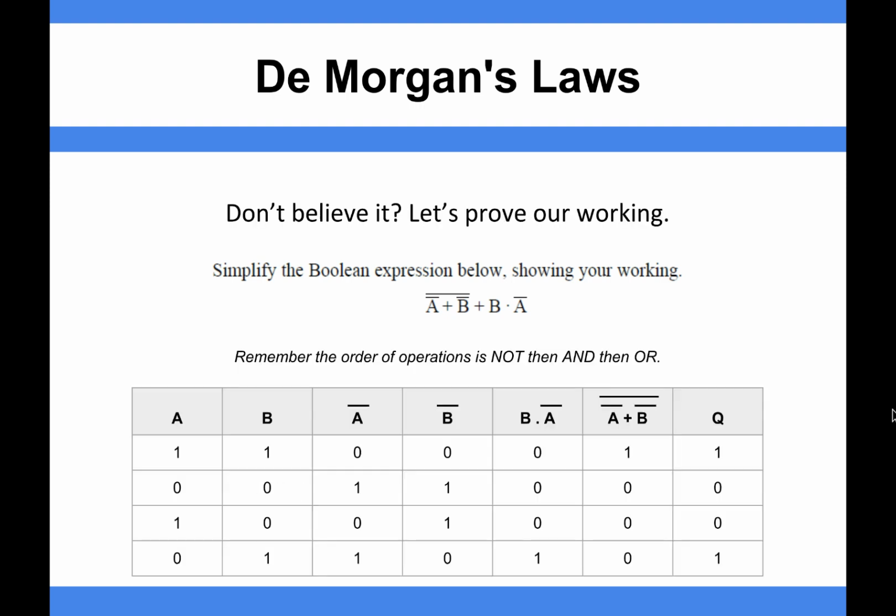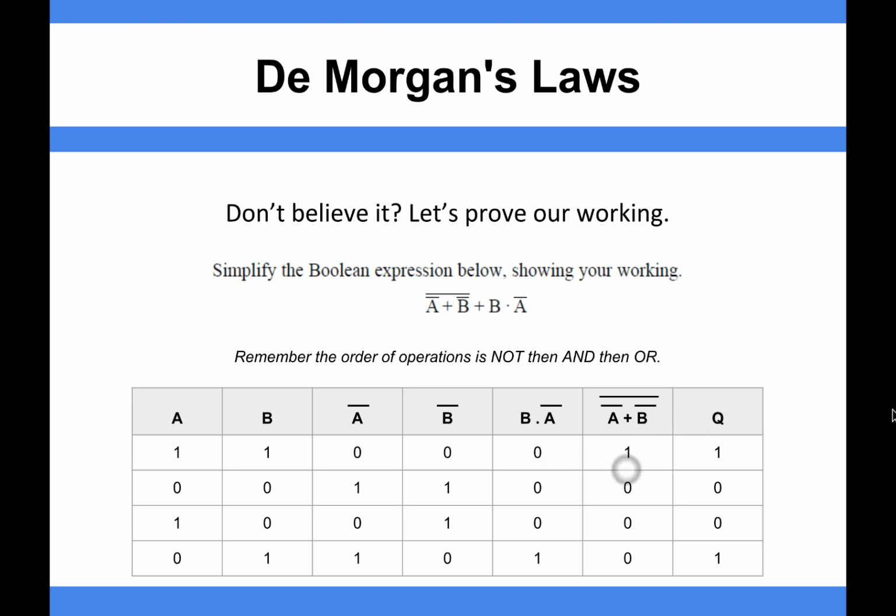Okay. To prove it, we've got A, we've got B, we've got not A, we've got not B. We've got B and not A, which is that side of it, and we've got A or not B, which is that side of the expression, and we've got Q, which equals those two things ORed.